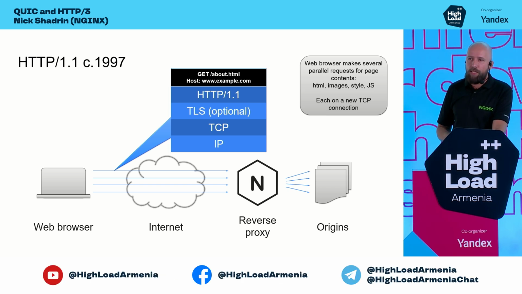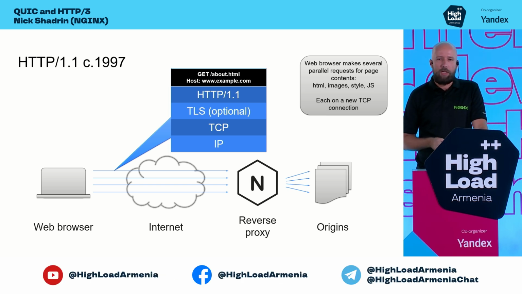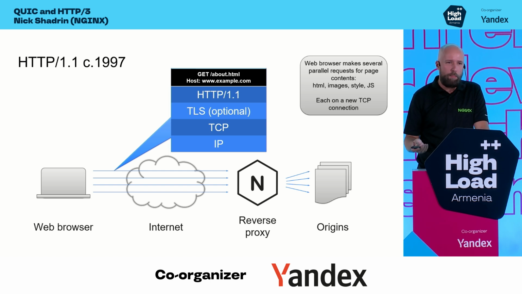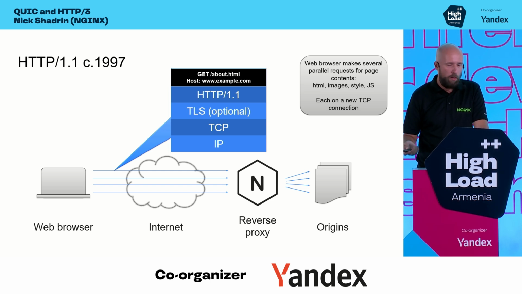This is nice in theory, but in the real world there were some limitations to that. Opening too many TCP connections slowed down some of our network equipment and web servers as well.